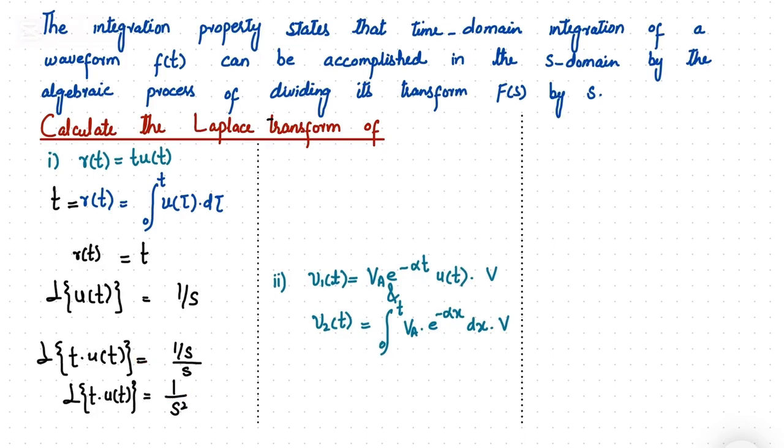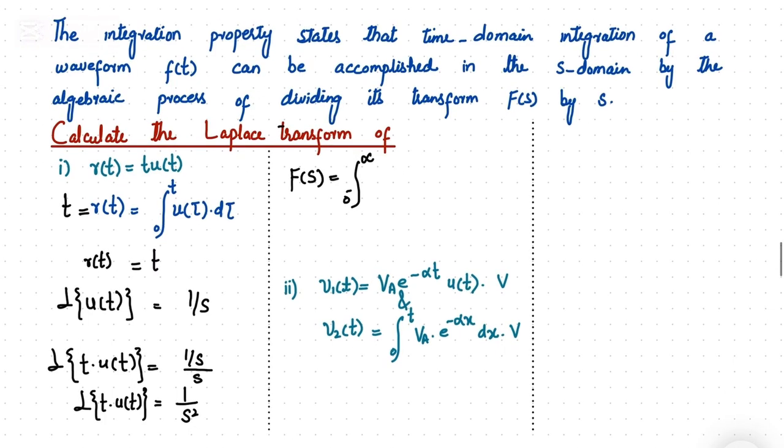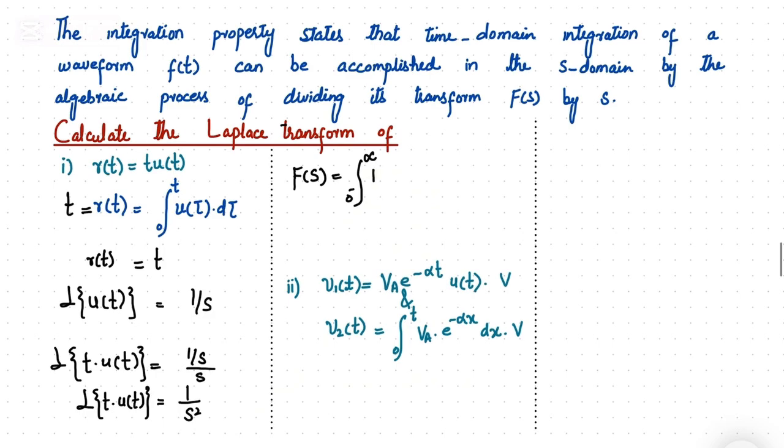Obviously, there is an alternate method: you can calculate the Laplace transform of this function using the standard procedure for calculating Laplace transform, which is F of s, let's say F of s is equal to the integration from 0 minus to infinity of t into u of t into e raised to power minus st dt, and it would be the integration limits from 0 to infinity for t into e raised to power minus st dt.